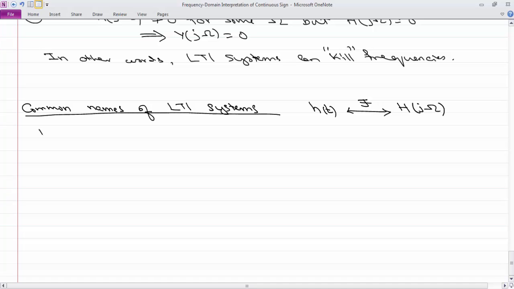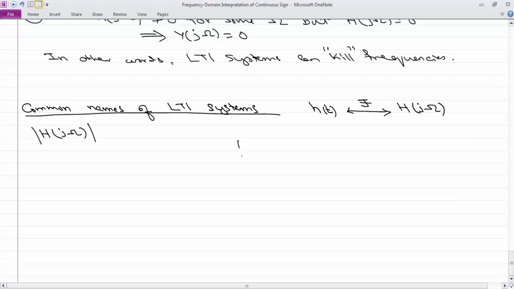And I'm going to only write h of j omega absolute value. I'm not going to focus on the phase. Okay? The properties of giving the names to LTI systems is primarily based upon, although you can make further distinctions, what the magnitude of the Fourier transform of the impulse response looks like.